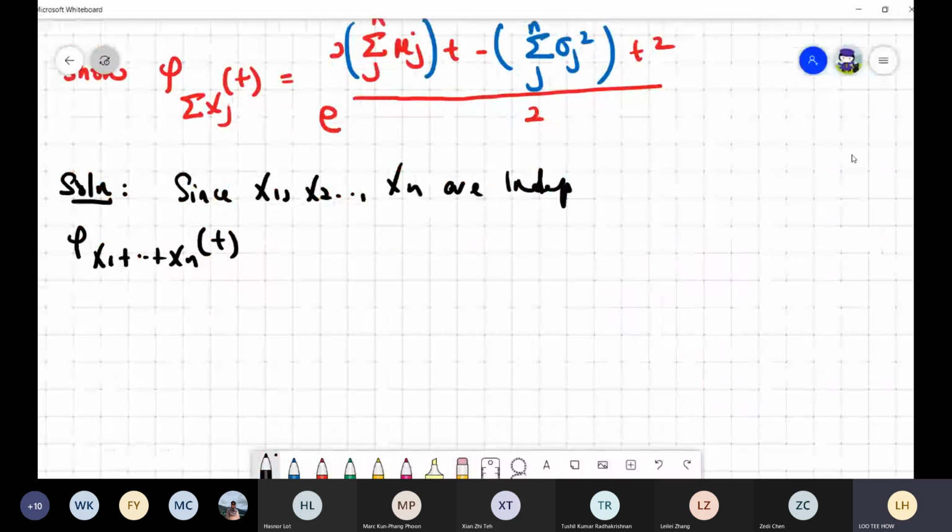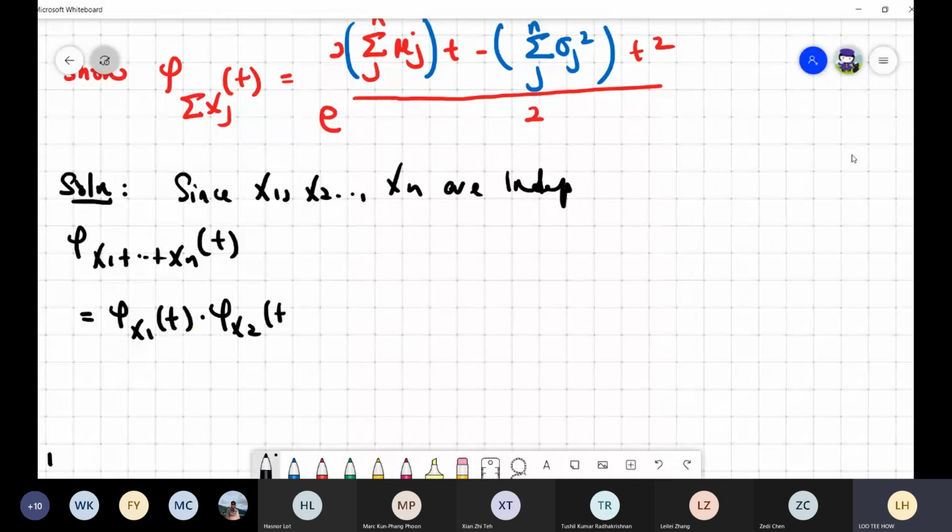So this is equal to phi x1 at t multiplying phi x2 at t multiplying phi xn at t, the product of them. For the first one, we use back the formula.